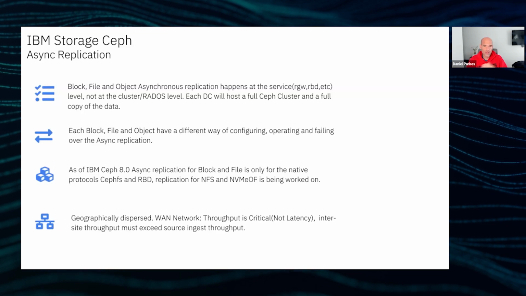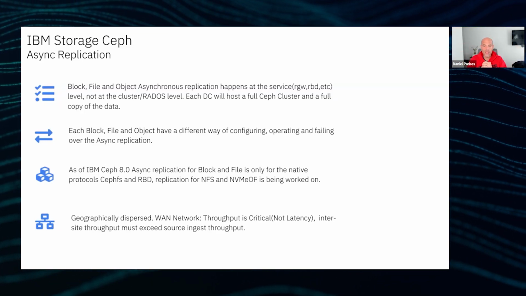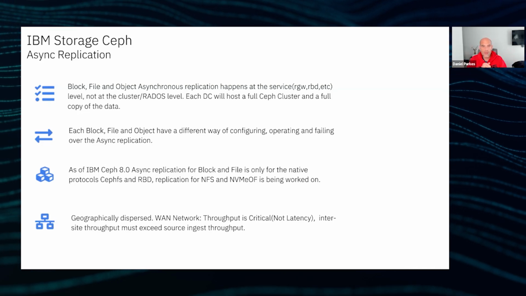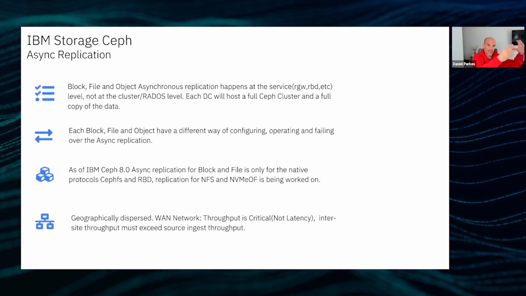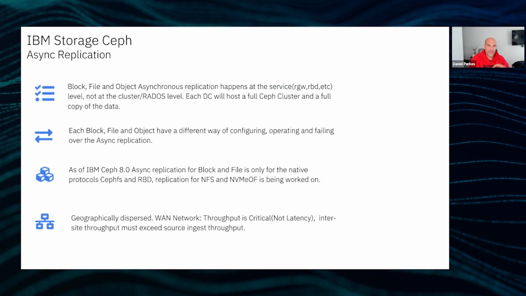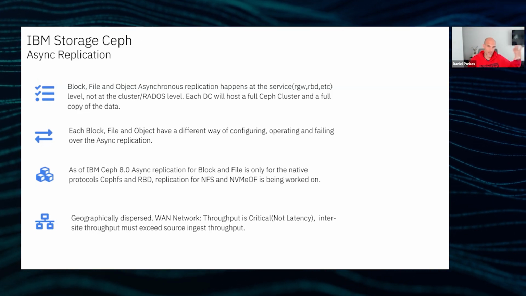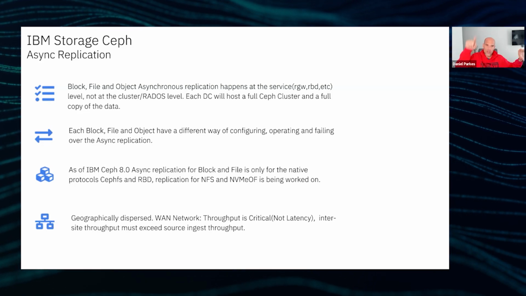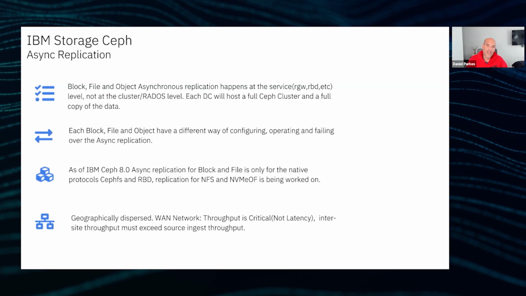So if, for example, you're going to have 3 different data centers that you want to replicate between, it could be 2, it could be 3, you have one full Ceph cluster with all its redundancy in that Ceph cluster. There you have your replicas, you have everything that you would normally have to achieve your high availability and redundancy inside that data center. And then you're doing multi-site asynchronous replication between the other sites.